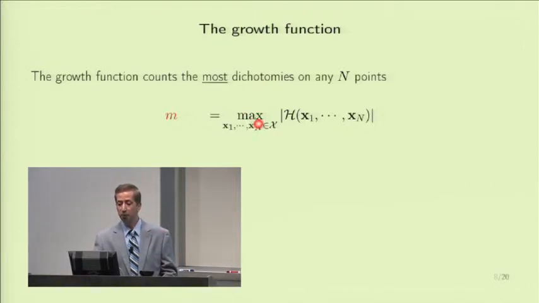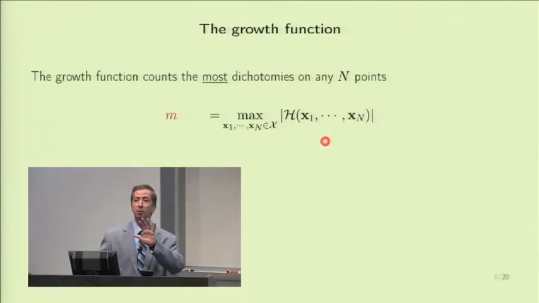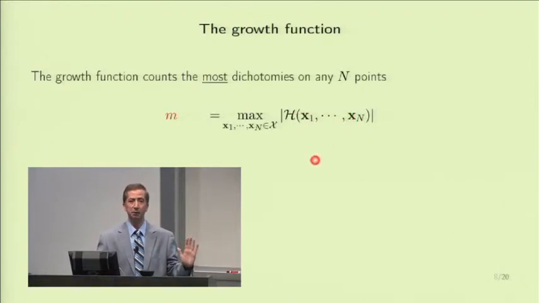So you are maximizing with respect to the choice of x1 up to xn, this thing, okay? That will give you the most expressive facet of the hypothesis set on n points, that number. If I tell you 10 and you come back with the number 500, it means that your choice of the x1 up to xn, you managed to generate 500 different guys according to the hypothesis set that I gave you.